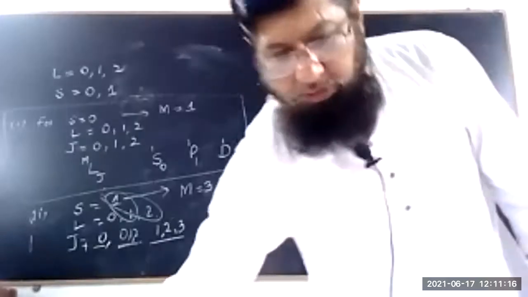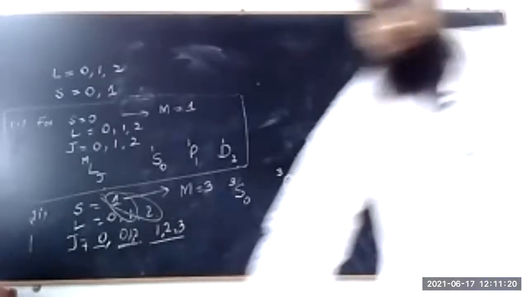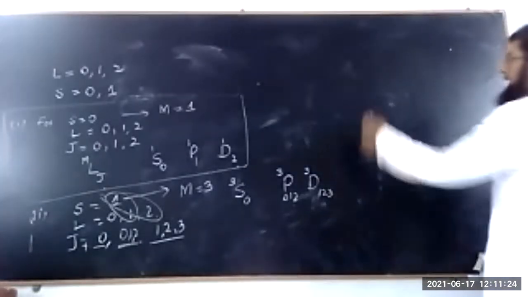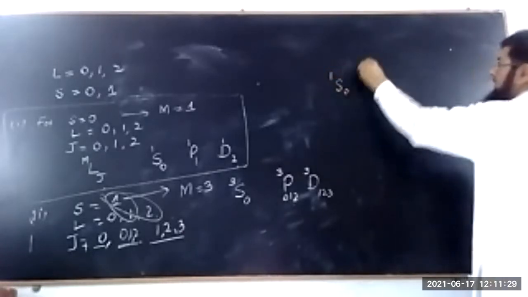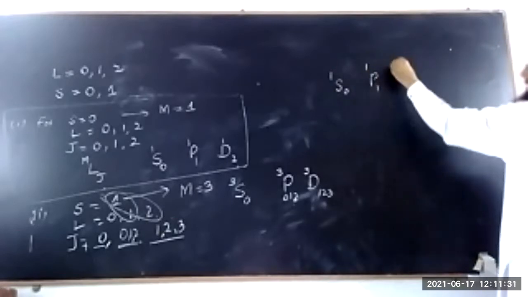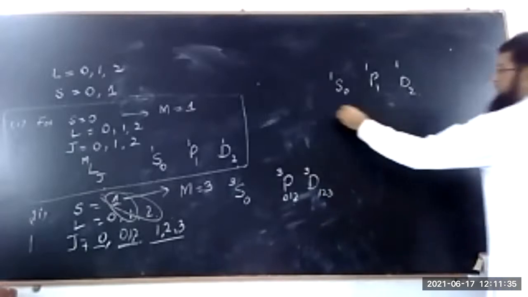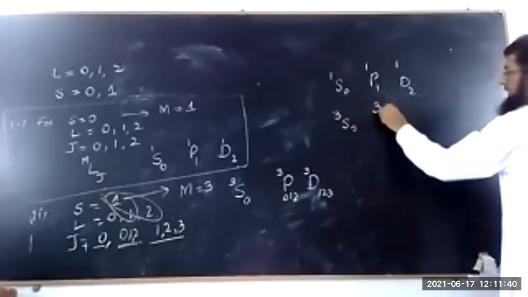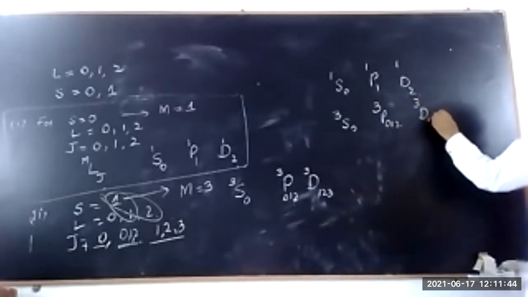So for these values, we have different term values: 1S0, 1P1, 1D2, and the triplet 3S0, 3P012, 3D123.